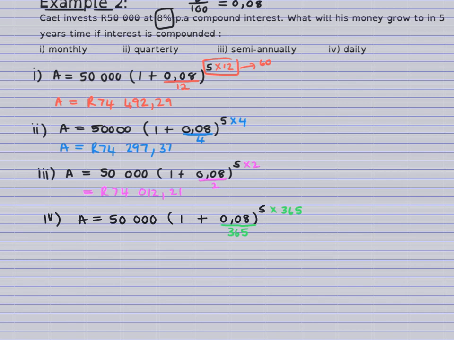I'm pretty sure that this fourth amount is obviously going to be the biggest because I'm earning interest so often. I plug it into my calculator. What do I get? 74,587 Rand and 97 cents.